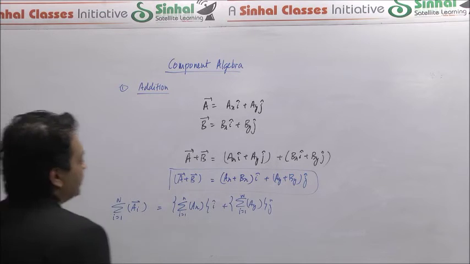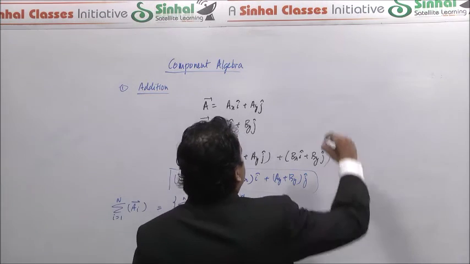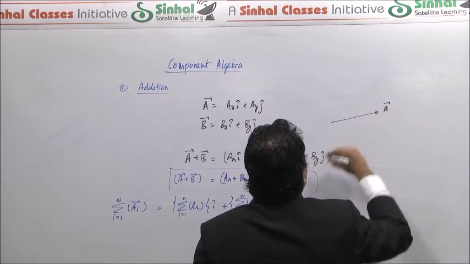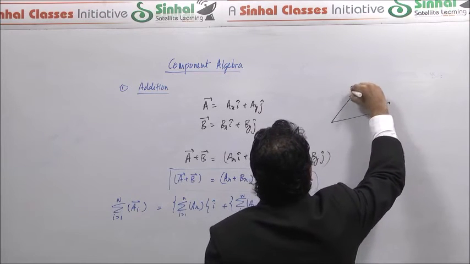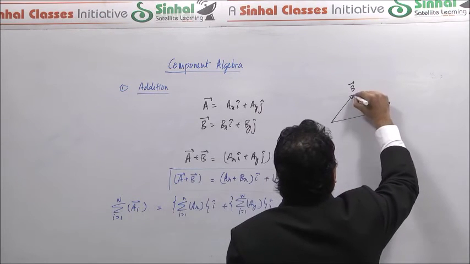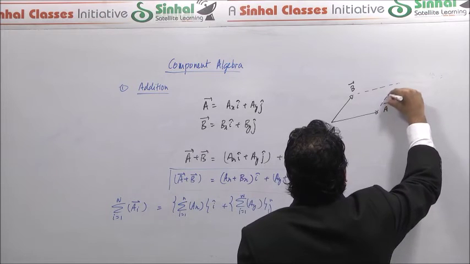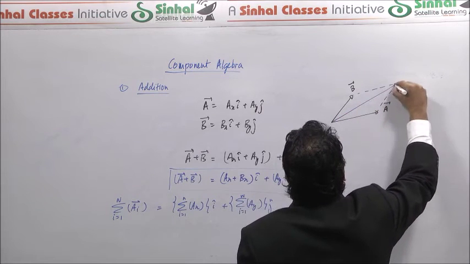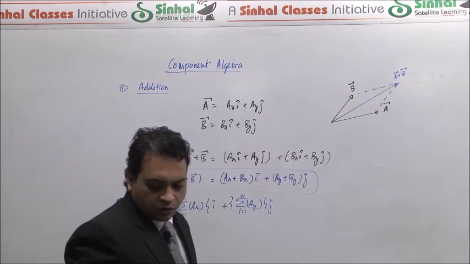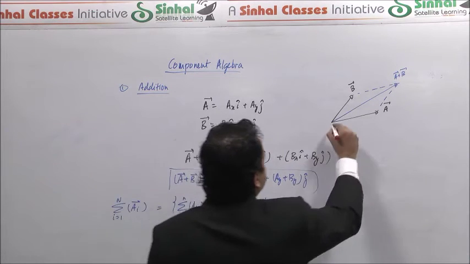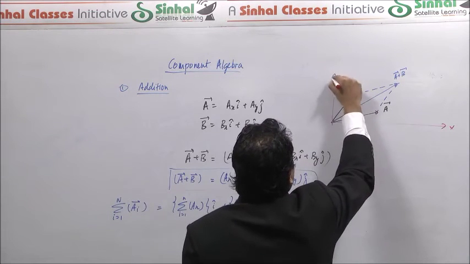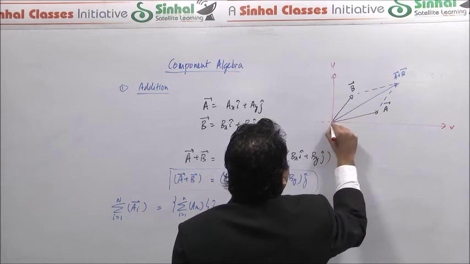Geometrically also we can understand what we are doing here. For example, if the vector A is this, and the vector B is this, then when we are adding up A and B, remember what we are getting is this A plus B. Now if we look at this in the context of the standard xy coordinate system, let's say this is our x-axis and this is our mutually perpendicular y-axis.